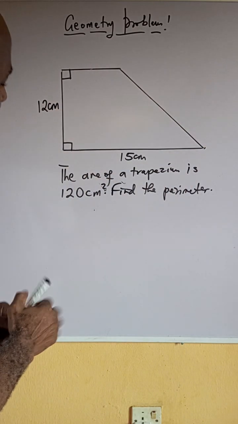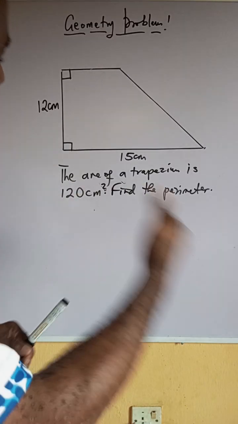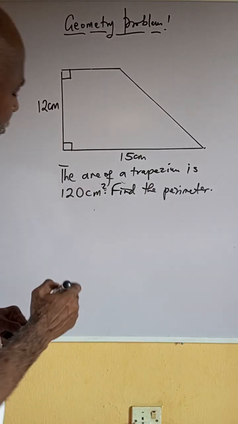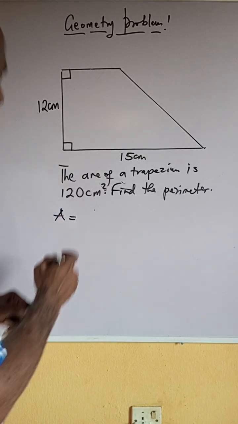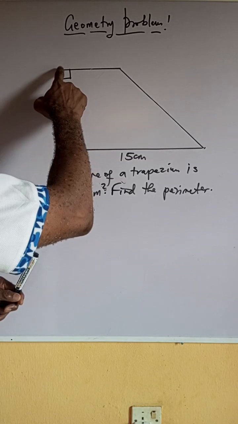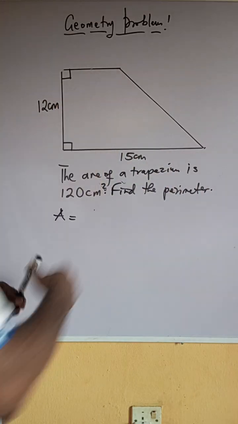I know that there is a relationship between the area of a trapezium, these two parallel sides and the vertical height.